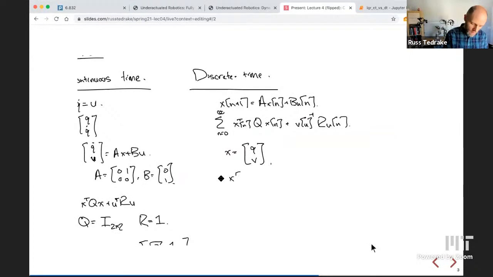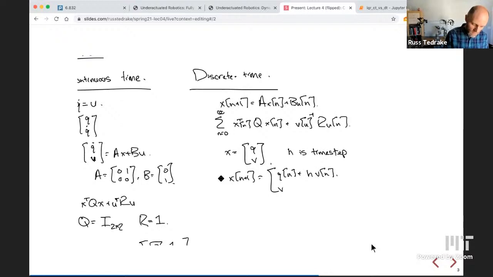And then my x_{n+1}, the simplest approximation of the continuous time into the discrete, would be to do some sort of Euler integration. So if I say h is my time step, then I can say this is q_n plus h v_n.